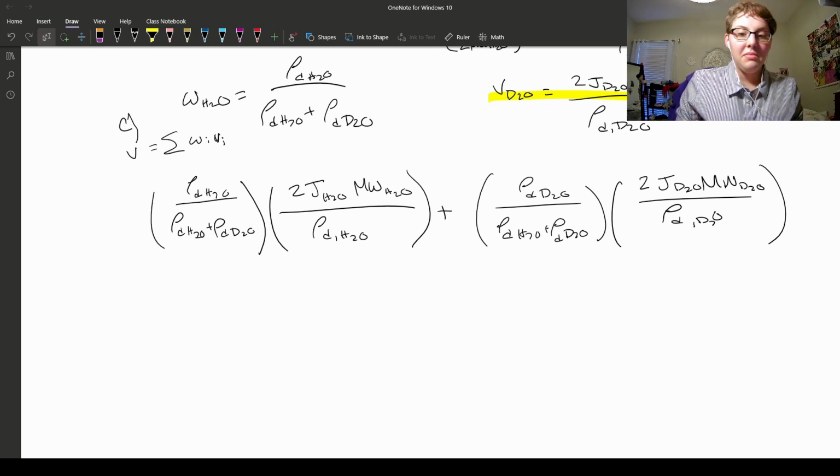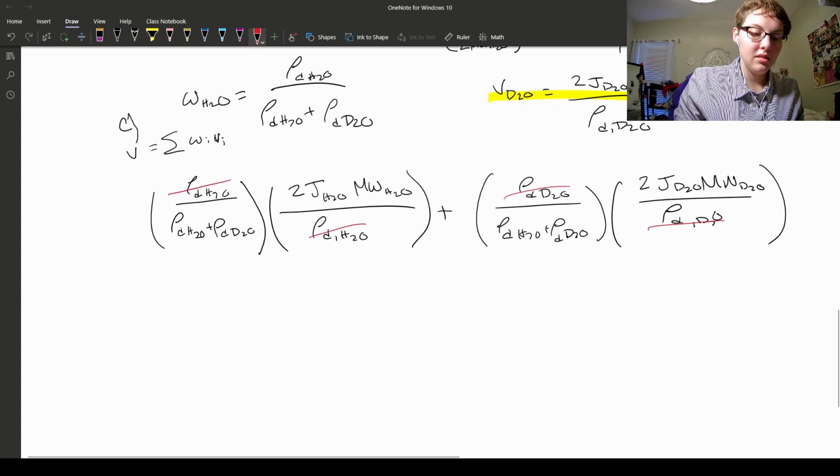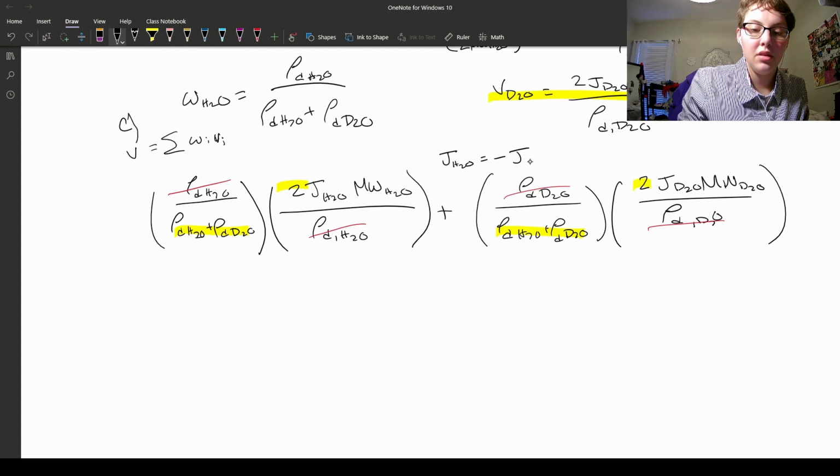Looking at that equation, there's a lot of things we can simplify. We can go ahead and get rid of these densities, and then we can pull out this part and this part. And then we also know that the molar diffusive flux of H2O is equal to the opposite of the molar diffusive flux of D2O.